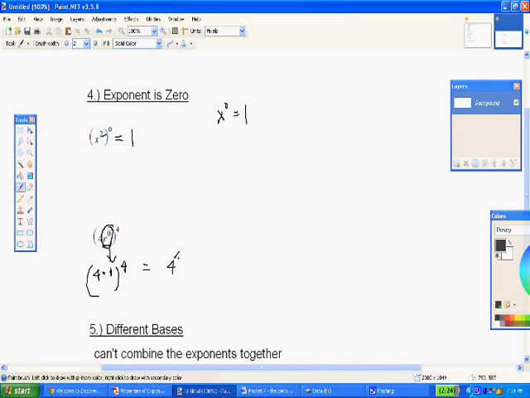So 4 times 1 is 4 to the fourth. And so this is the same thing as saying 4 times 4 times 4 times 4, which gives me 256. And that is my final answer.